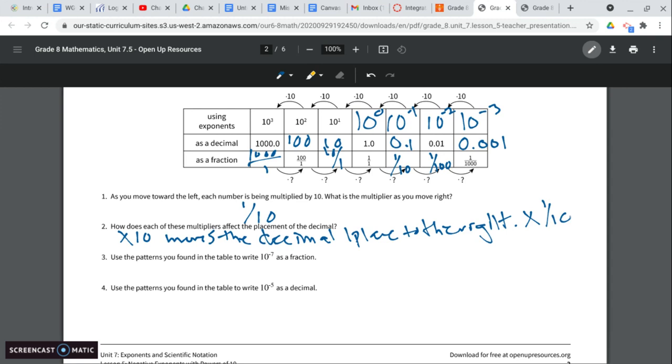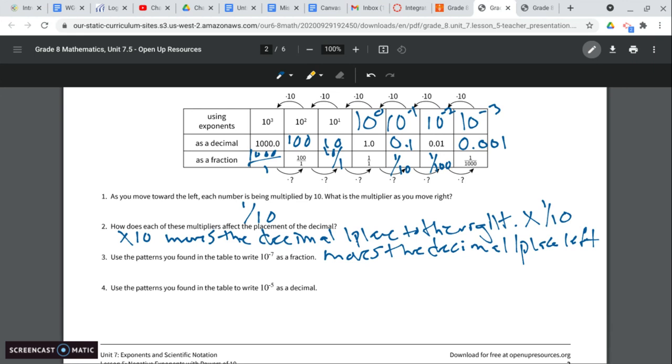Times 1/10 moves the decimal one place left. So it's just moving it one place each time, but when we're multiplying by 10, it moves to the right, whereas by 1/10, it moves to the left.